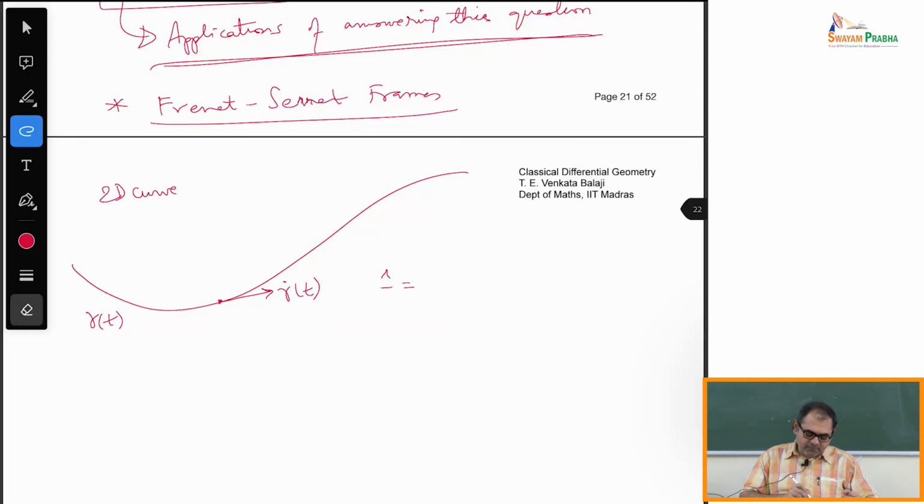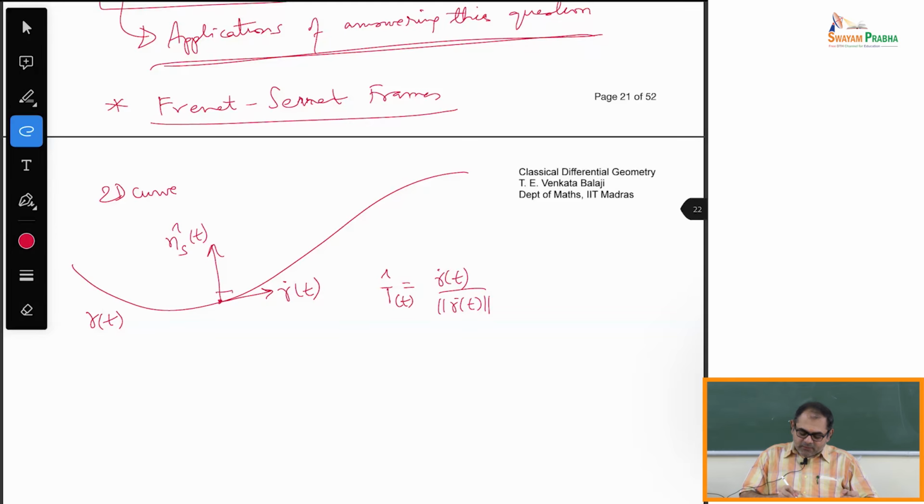Let me do the following: we will use T cap at t, which is the unit vector gamma dot t by norm gamma dot t. This is one unit vector. Then the other unit vector will be the signed normal, N cap. I am putting this cap just to tell you that it is a unit vector.